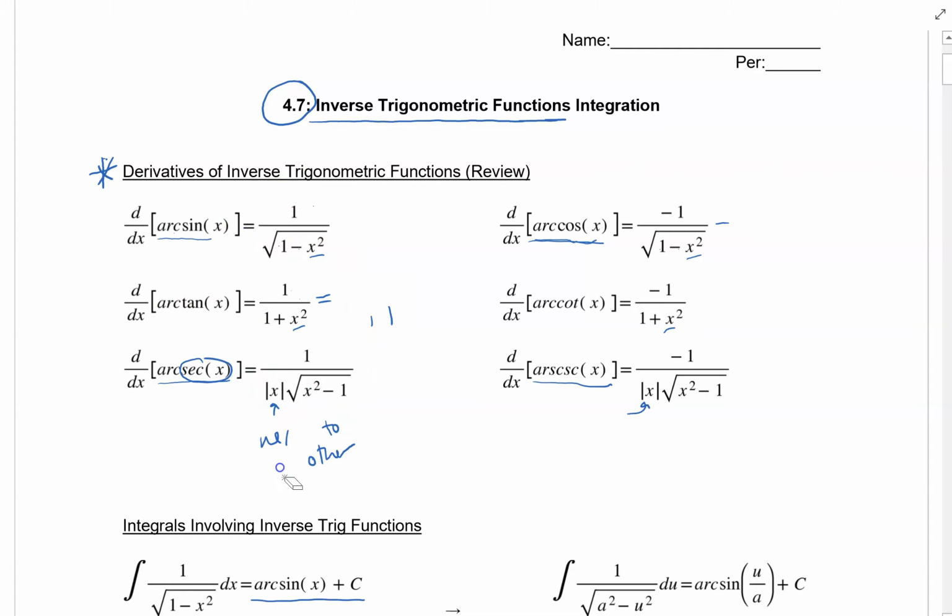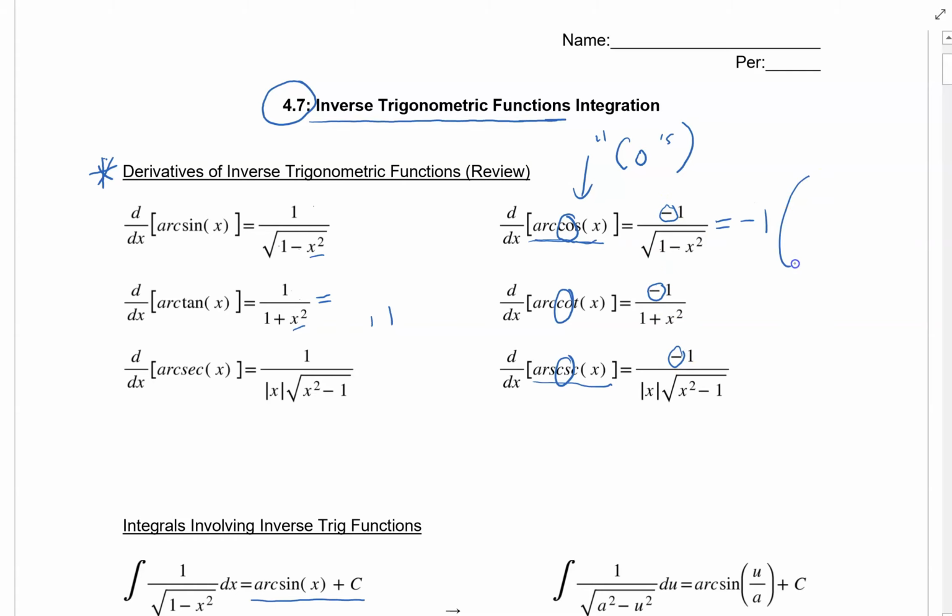Another thing we need to keep in mind is that the derivatives of all the cos, as I like to call them, right? These are the derivatives of cosine, cotangent, cosecant. They are exactly the same in structure as the derivatives of arc sine, arc tangent, and arc secant, except the only thing they differ by is a negative 1, right?